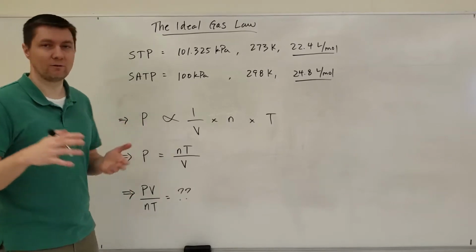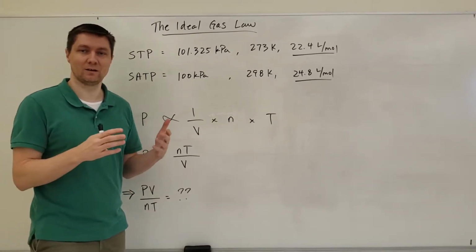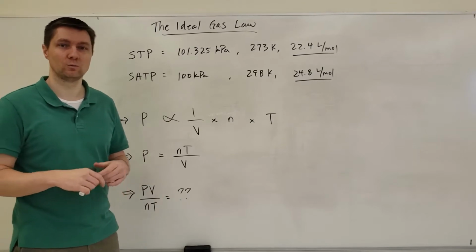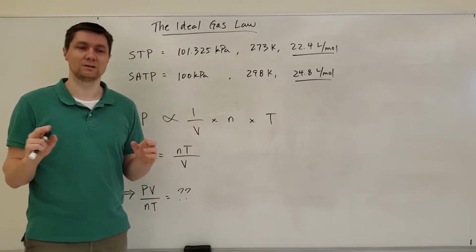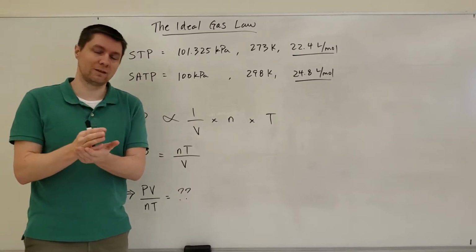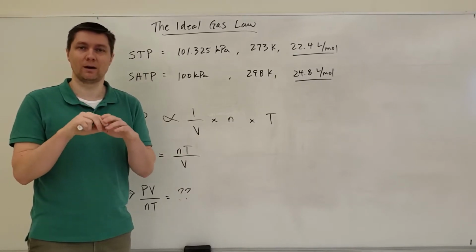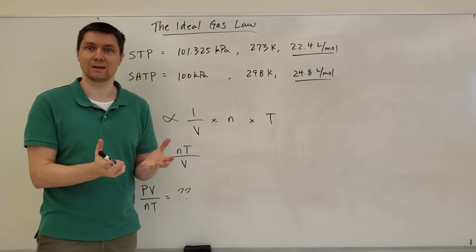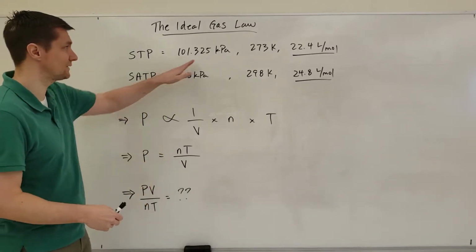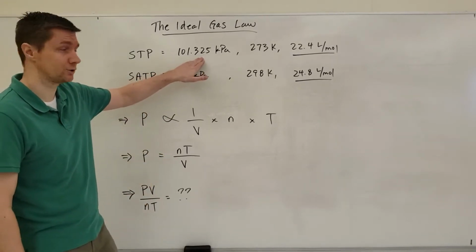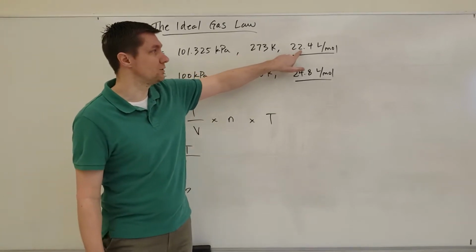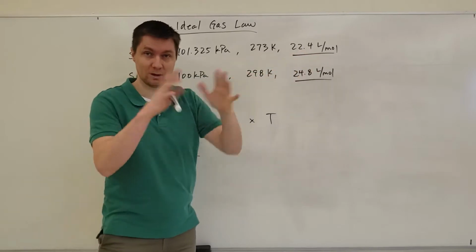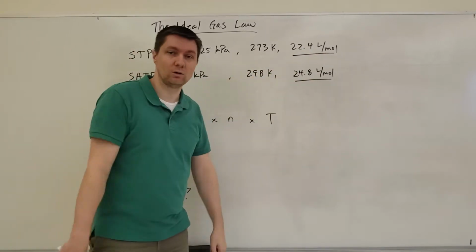And if you remember from our previous lesson about the law of combining volumes, what we learned in that video was that every gas, doesn't matter what it is, if you have 1 mole of that gas, it is going to occupy a certain volume, volume X. Well, if I've got a gas at this pressure and this temperature, that gas is going to occupy 22.4 liters of space if you have 1 mole of it.